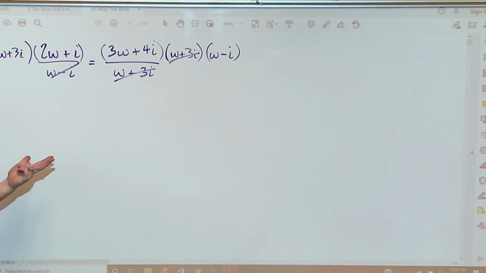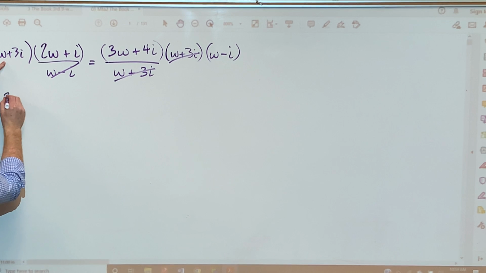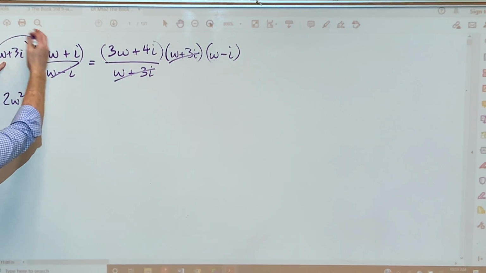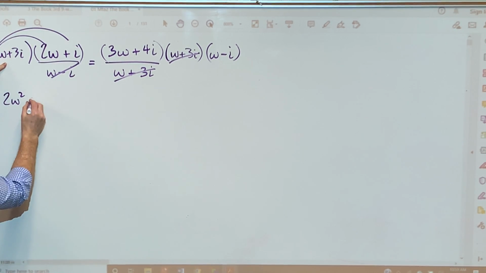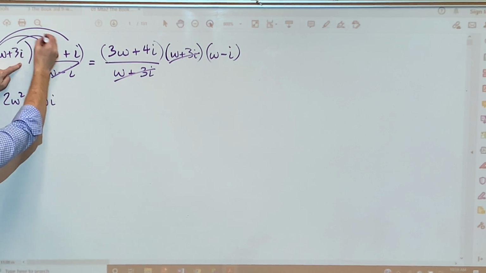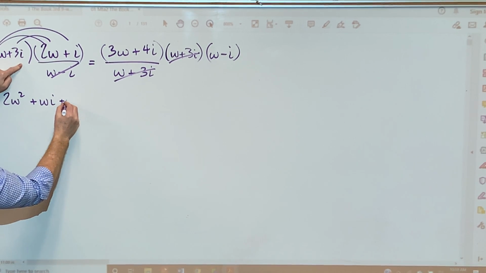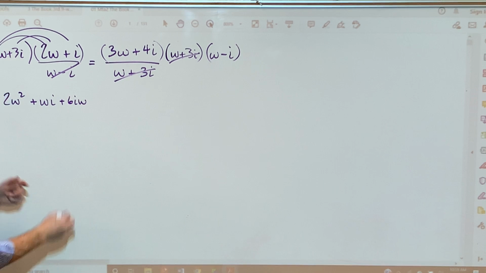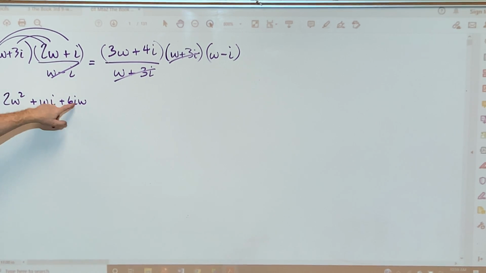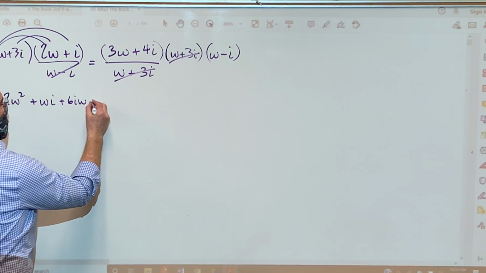So I'm just doing the algebra here, and then to FOIL that, I get 2w squared. Outside gives me wi. Inside gives me positive 6wi. And then last times last gives me positive 3i squared, which is negative 3, because i squared is negative 1. So I'm just going to write negative 3.